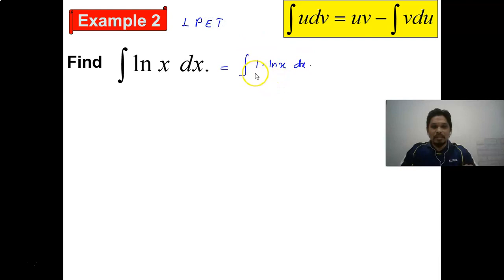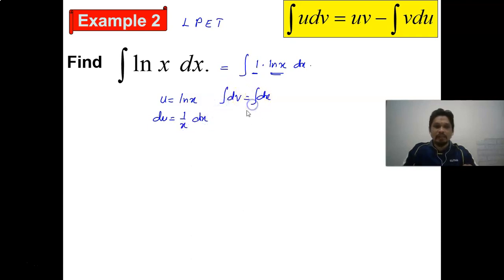Then this we classify as a polynomial, and this is log. So u equal to natural log of x, and dv equal to 1 dx. Then du equal to the derivative of ln x, 1 over x dx, and integrate left and right dv, so v equal to x.